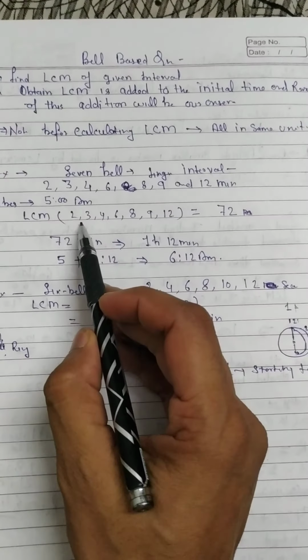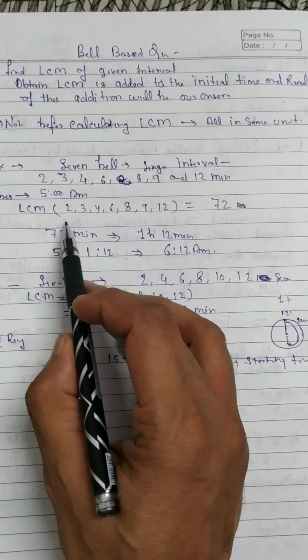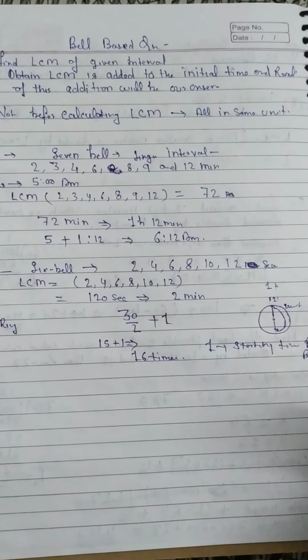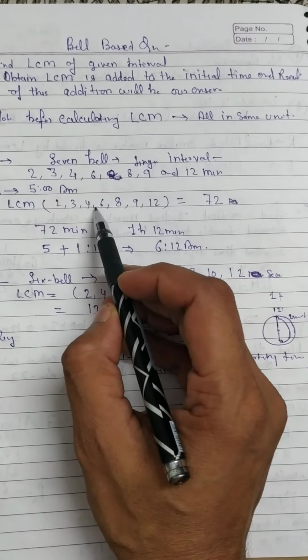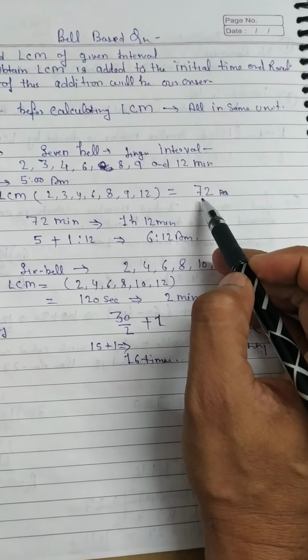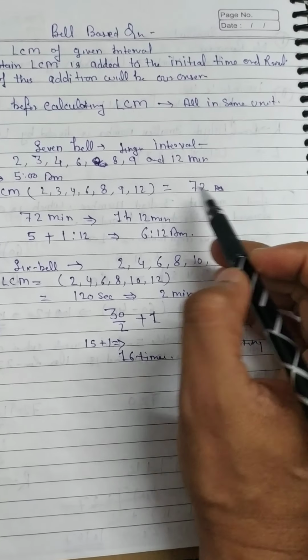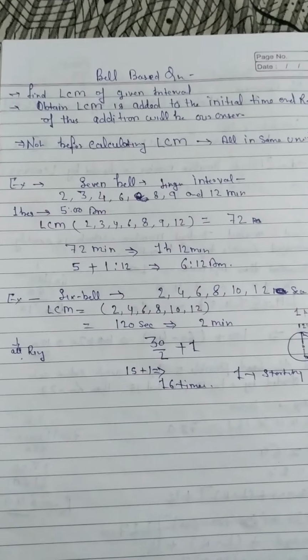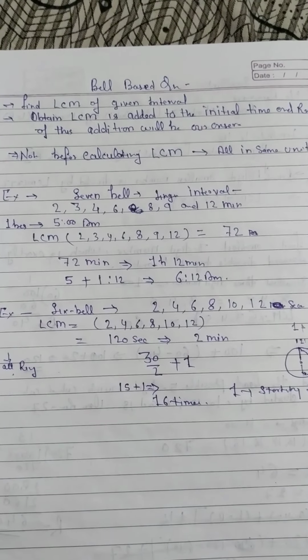If they are in minutes, convert all values to minutes. If they are in seconds, convert all values to seconds. So we take the LCM, which will be 72. It means after 72 minutes they will start ringing simultaneously again.